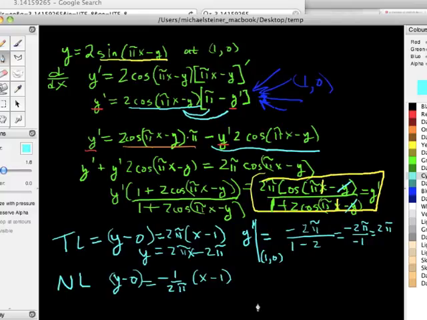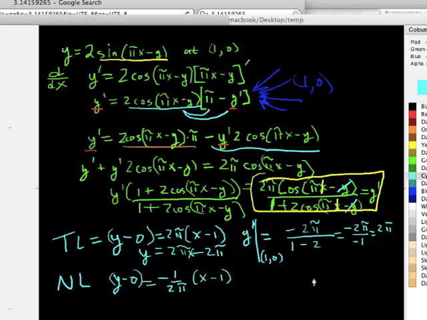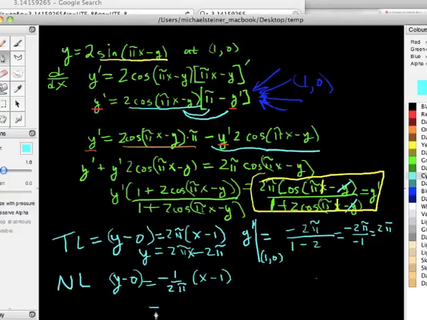Okay, 3.7: negative x over 2 pi plus 1 over 2 pi. Okay, so they just put this out here: equals negative x over 2 pi plus 1 over 2 pi. Okay, that's it. Hopefully that was helpful.